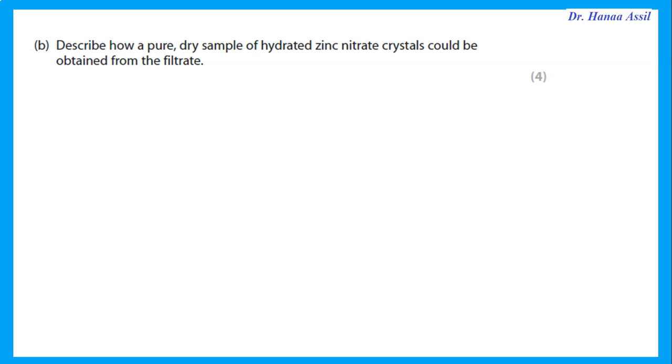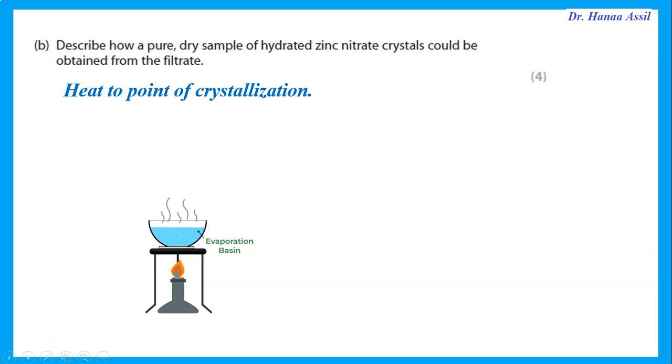Describe how a pure dry sample of hydrated zinc nitrate crystals could be obtained from the filtrate. So I'm going to take the filtrate and I want to do crystallization. So what should we do? Heat to the point of crystallization, then cool to form crystals.